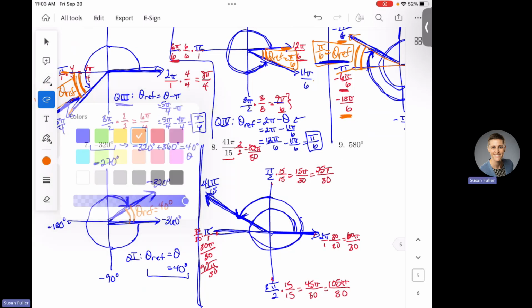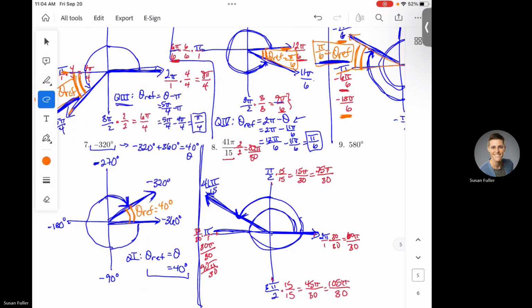And so now I have to figure out where's my reference angle. It is right here. That's my theta ref between my terminal side and my x-axis, and we have to figure out how big that is. And again, it's the space between my terminal side, which here was 82 pi over 30, and my axis here, which the last reference point that we had was 90 pi over 30.